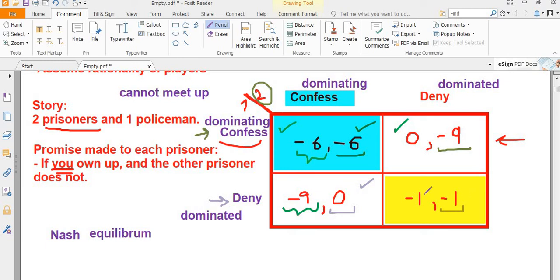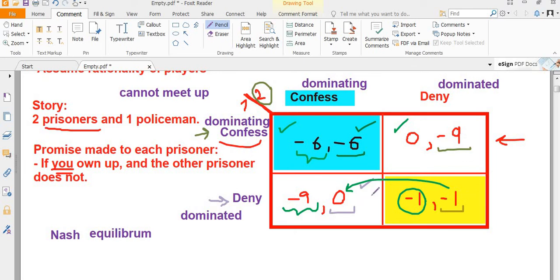Even if player 1 is a very truthful person and sticks to denying, player 2, the second number, can actually be better off if they switch to confess. If player 2 decides to switch to confess, they are actually better off from -1 to 0.